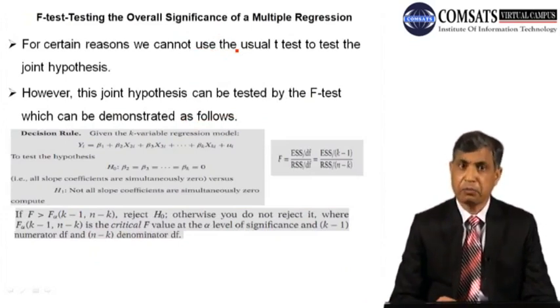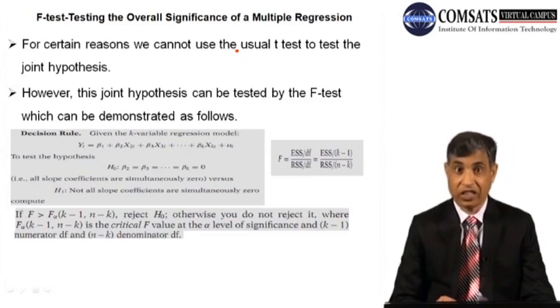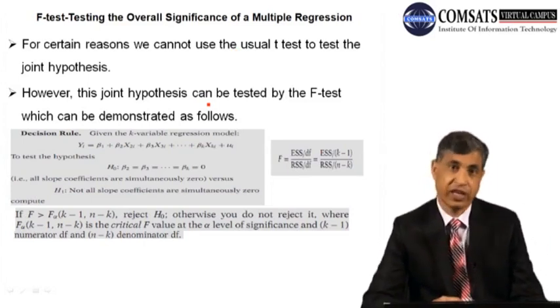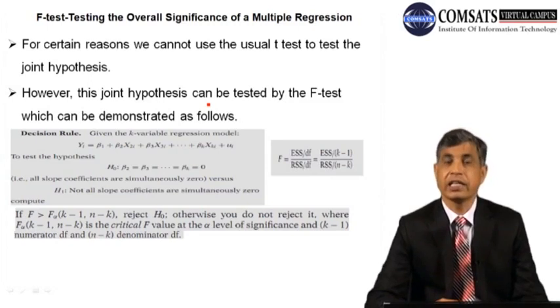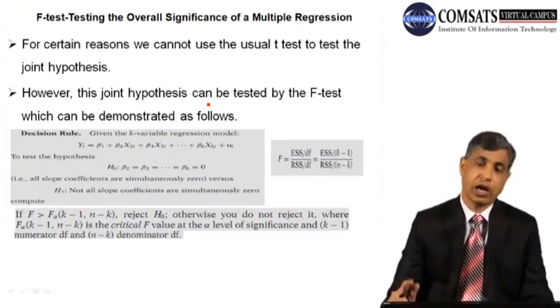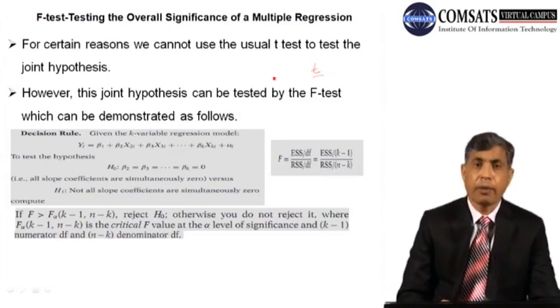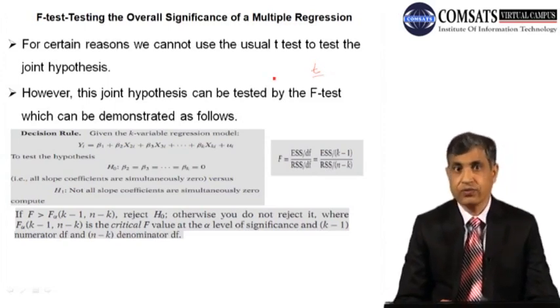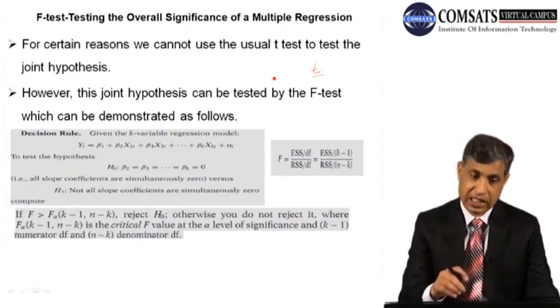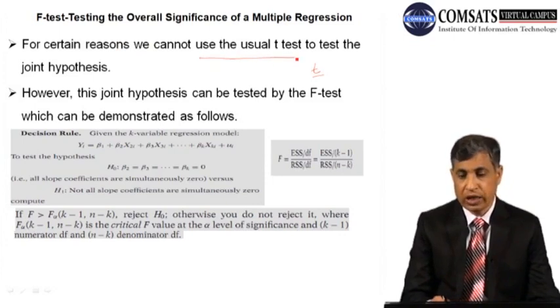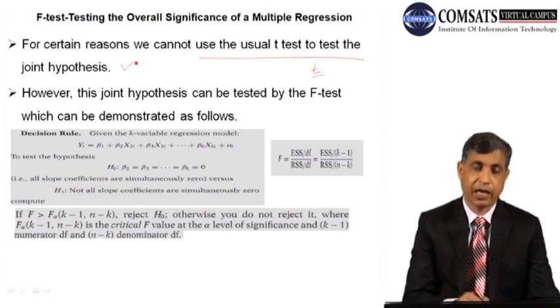Now, more than 10 times I said that I will be coming back to the F-test, so it is very important. This is the test for the significance of the parameters. If you remember, most of the time we talked about the t-test, but for many reasons, in which we are not interested at this stage, we cannot use the usual t-test to test the joint hypothesis.